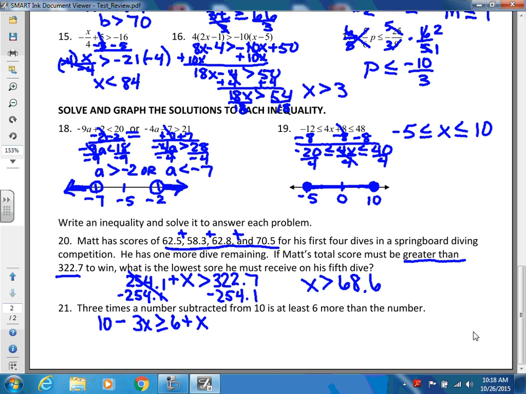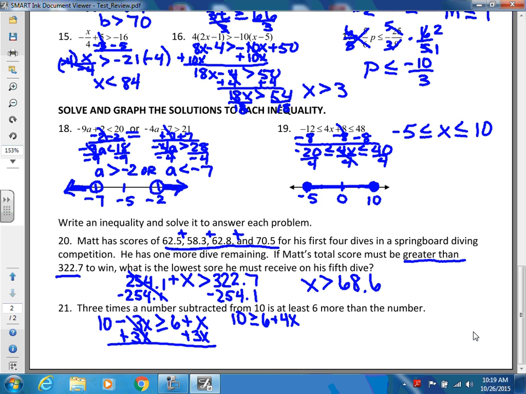All right, so this is a variables on both sides type inequality. You'll notice that there's a negative 3x and a positive 1x, so we're going to move the negative 3x over since it's smaller. So we'll plus 3x to the other side, so that goes away. Now you've got 10 is greater or equal to 6 plus 4x.